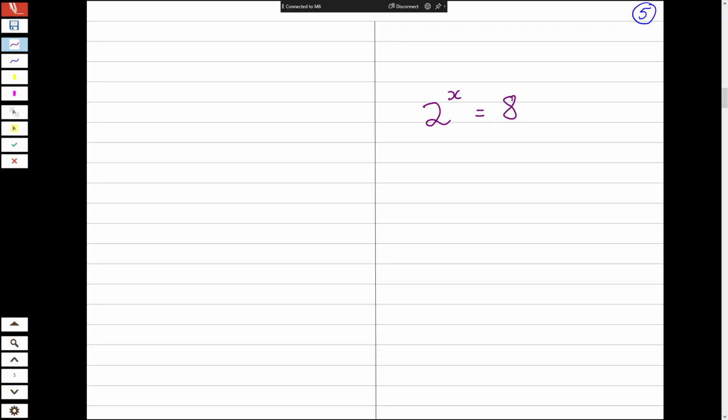If you've been doing the extension level questions, you'll probably recognize that the solution is actually 3, because 2 to the 1 is 2, 2 to the 2 is 4, 2 to the 3 is 8. But what I had just now, Shannon, was just something like that. There's nothing on the right hand side, which means there's nothing to solve for. But that's a really good question.